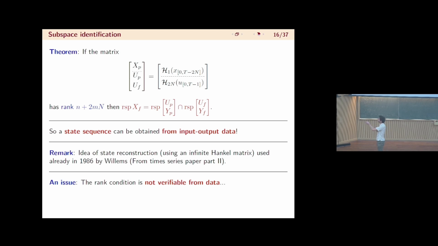Because the rank condition that you need here involves this little n. So that is a big problem, and that was not known at the end of the 80s how to handle that. And so it's a bit of a subtle problem, right? Of course, this state xp is not known, and the state space dimension n is not known. So how am I going to check whether this rank condition holds, right? From the data.